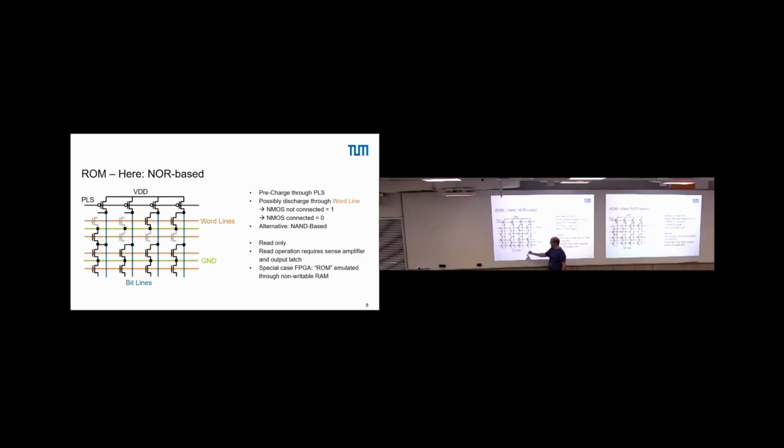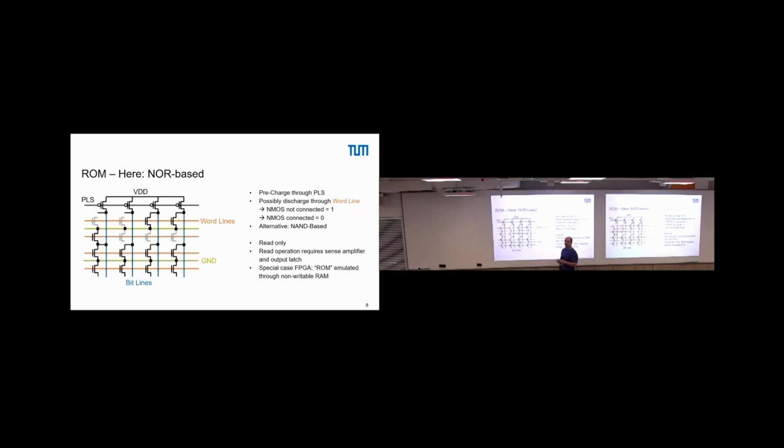We have bit lines, which give us, at the end, the output. So if you want to read a specific word in our memory, we enable the corresponding word line, and we have the bit line at the output. Again, here on top, we have some form of a sense amplifier and so on.